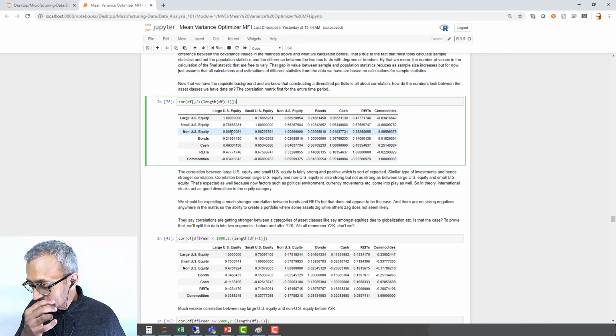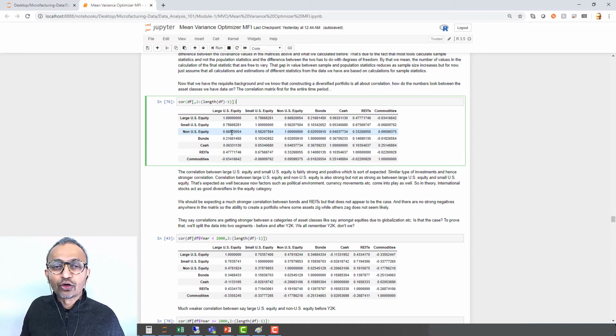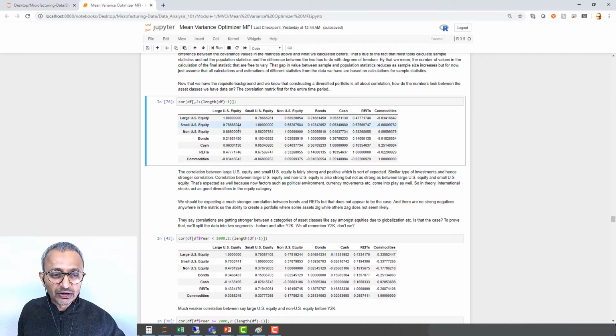I think there is a saying that when the US falls sick, the rest of the world gets a cold, something like that. There is a very strong relationship between what happens in the US versus what happens in the rest of the world, economically as well as from the stock market perspective, right?